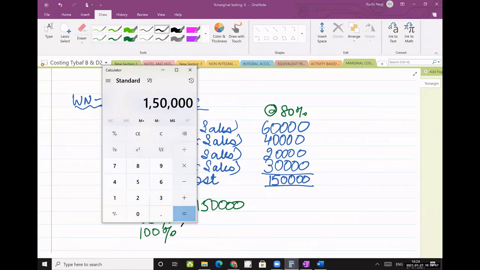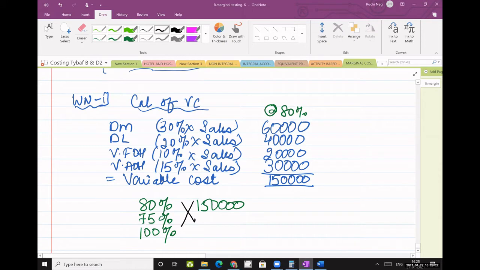1,50,000 into 75 divided by 80. So my answer is 1,46,625. I repeat, 1,50,000 into 75% divided by 80%, 1,46,625 is my answer.